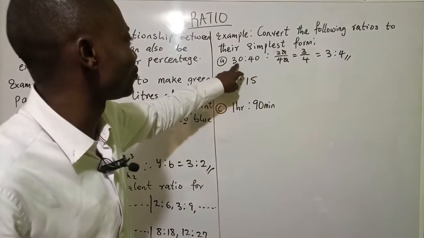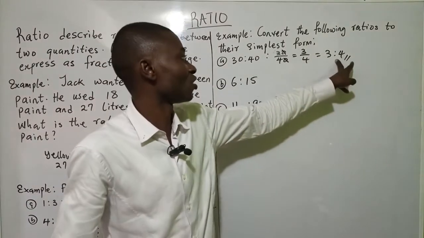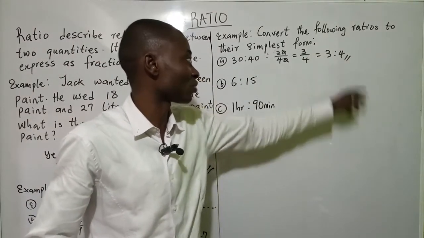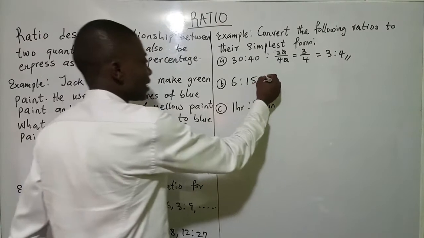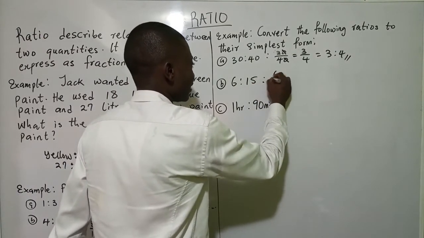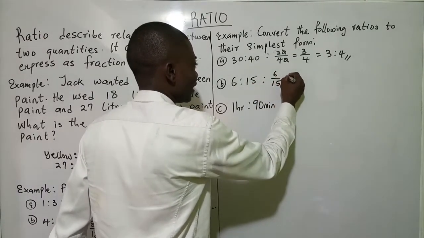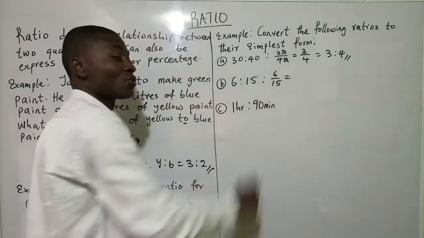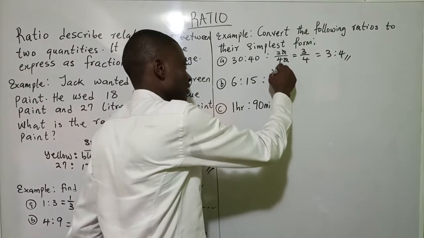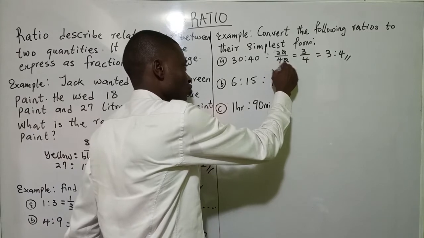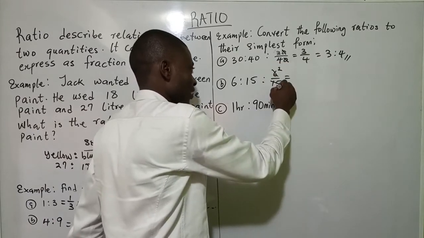So we succeeded in reducing 30/40 to its lowest form, that is 3/4. Again, the same we apply here: 6/15. Now something can go, 3 can go. 3 in 6 is 2, and 3 in 15 is 5.